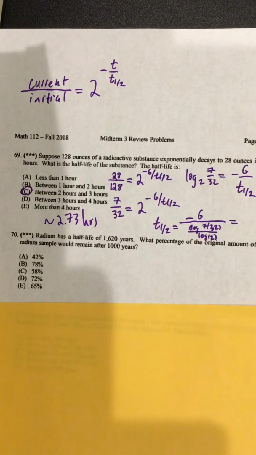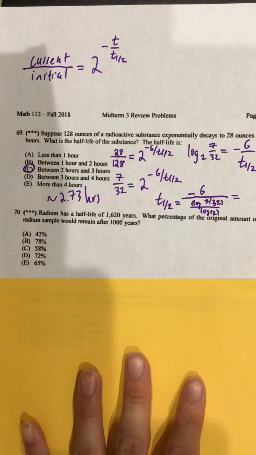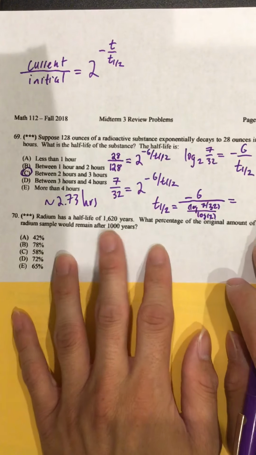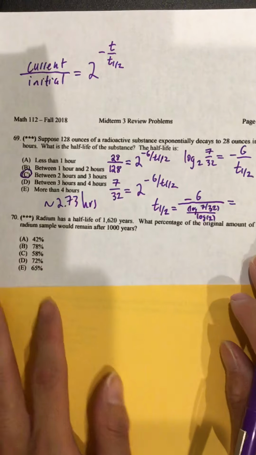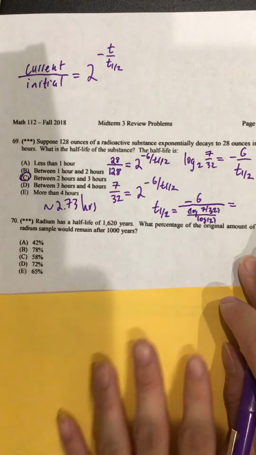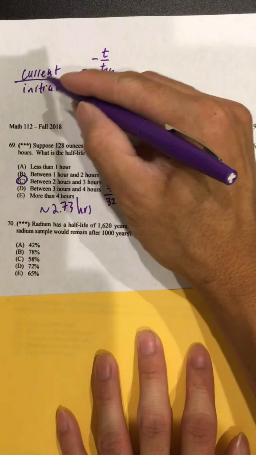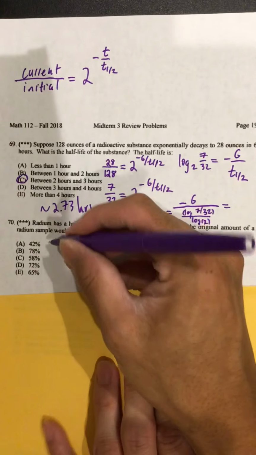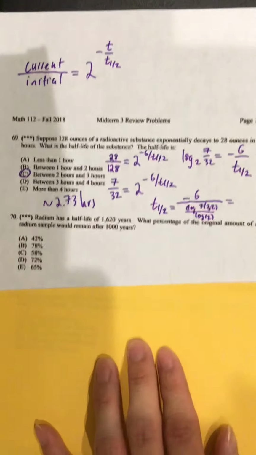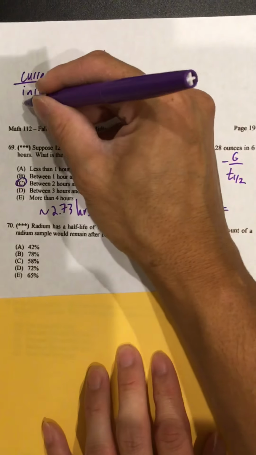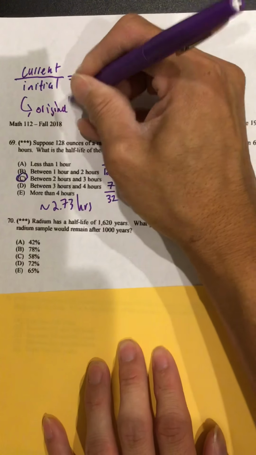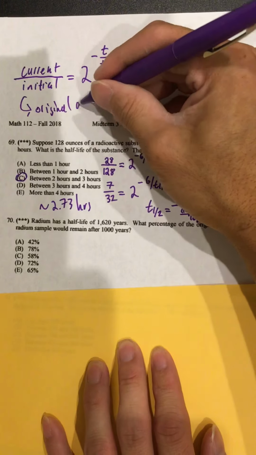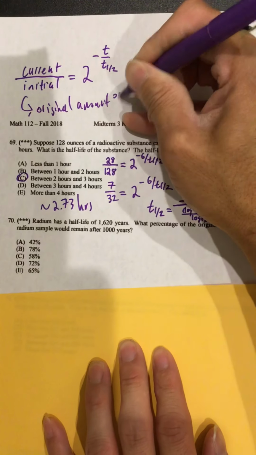And for the next one, it has a half-life of this. What's the percent of the original amount of the sample? Now, this is one of the reasons why I like this, because when we write current over initial, this is the same as representing the original amount as a percentage.